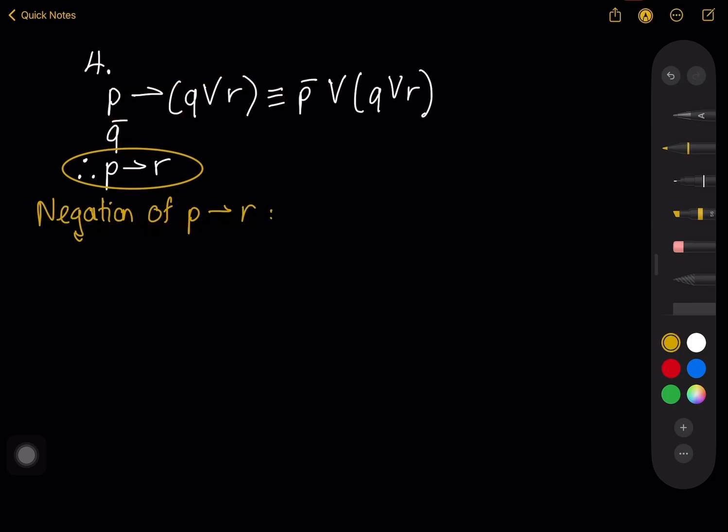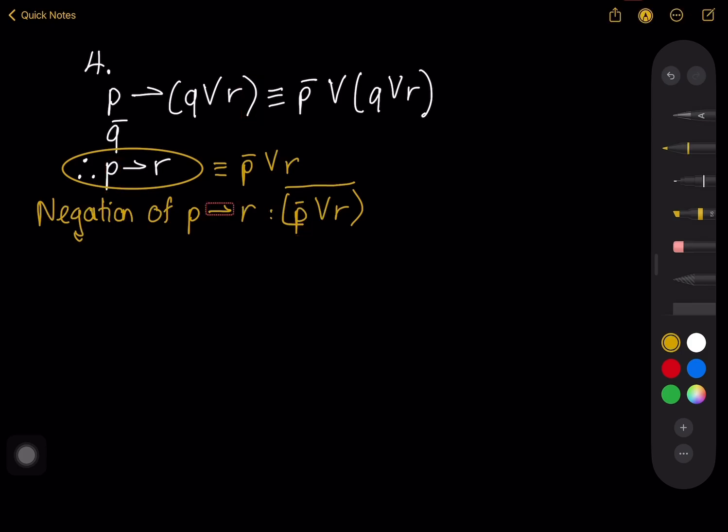Okay, first let's convert P if P then R into an and/or statement. We have not P or R. So the negation of this is not P or R, with a big negation up here.